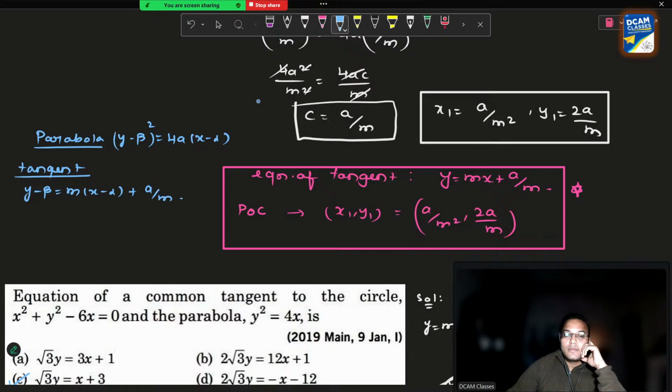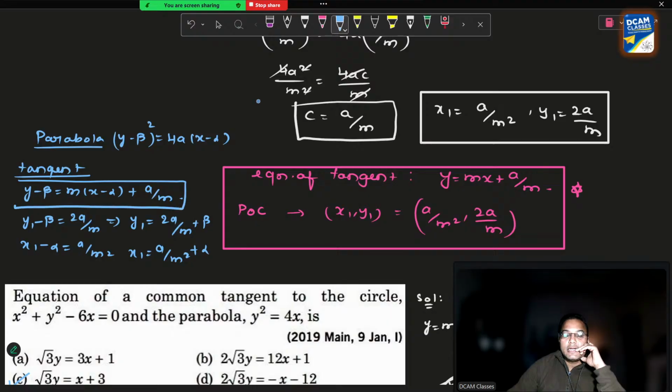That's all. And the point x1, y1, how will you find it? y1 minus beta is equal to 2a by m, x1 minus alpha is equal to a by m square. So you will get y1 is equal to 2a by m plus beta, and x1 is a by m square plus alpha.